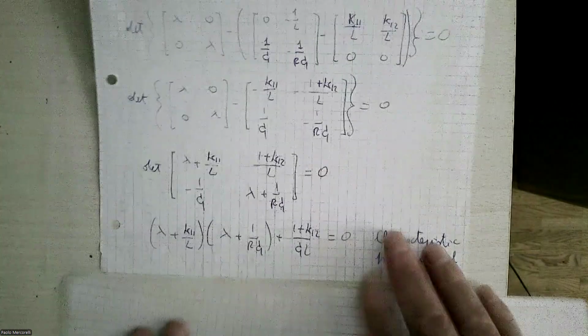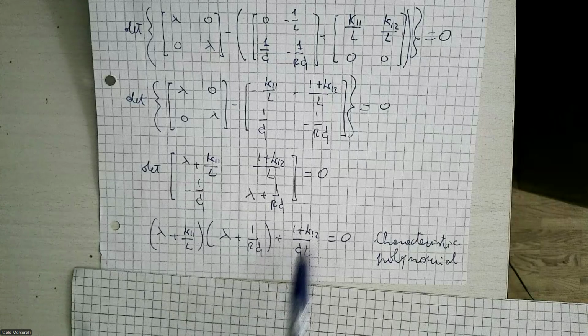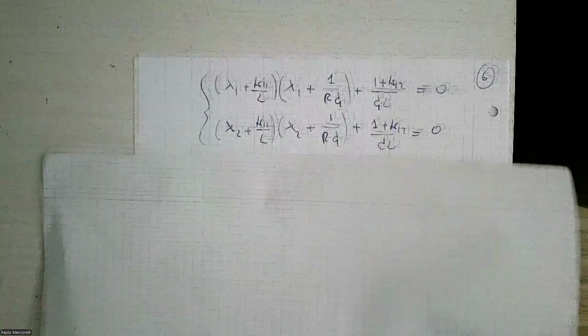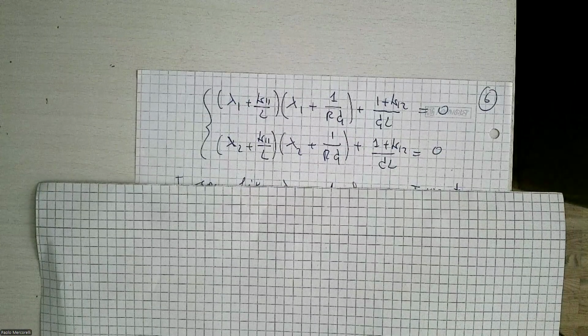But we can see that the characteristic polynomial here depends on K11, depends on K12, but depends also on lambda. It's quite abstract. But lambda I can fix, because I would like to have a particular controlled system. This means, look at this final expression.